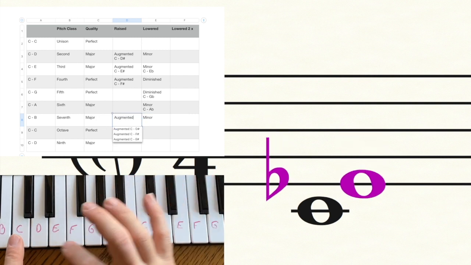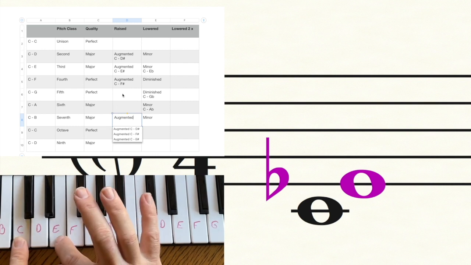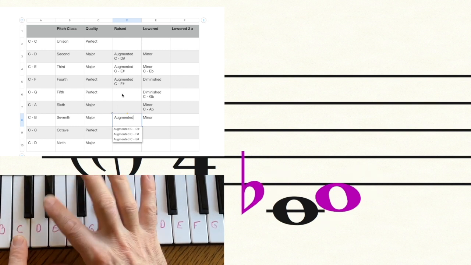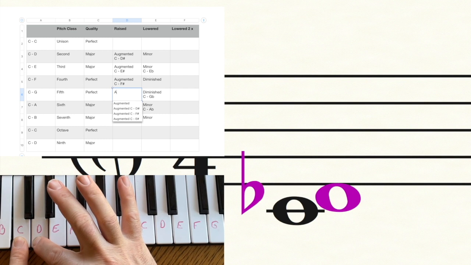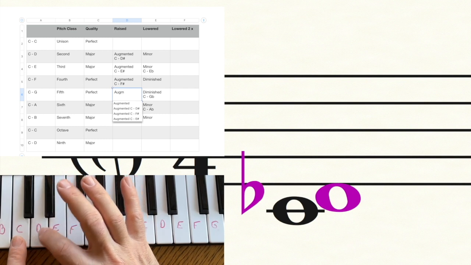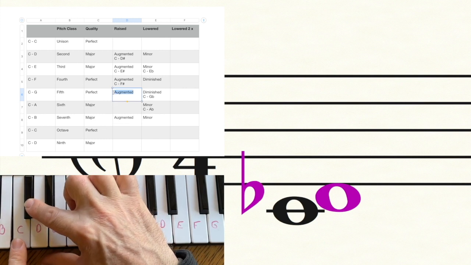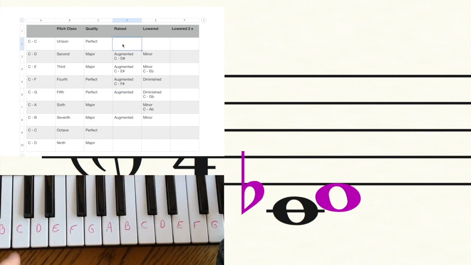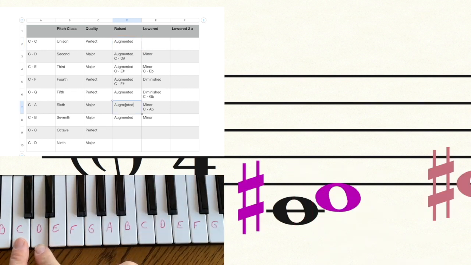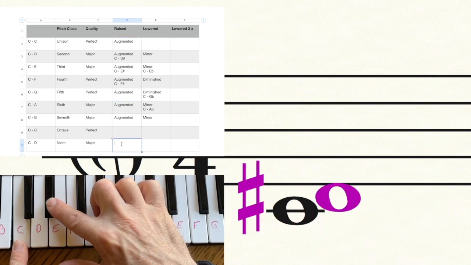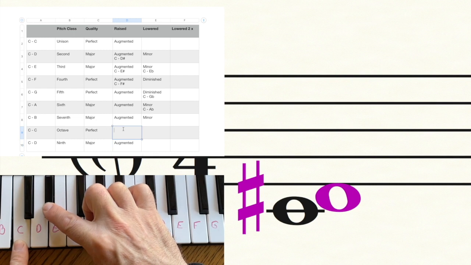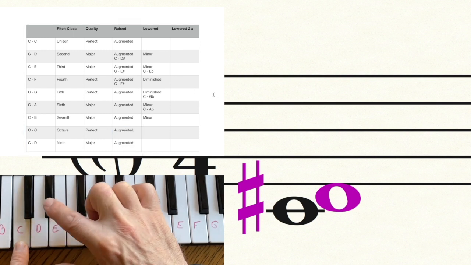If we go to E, C, D, E, E flat is a minor third. C, D, 1, 2. If you lower your second, it becomes a minor second. Now, if you raise a major interval, so C to D is a major second, C to D sharp would be called an augmented second.